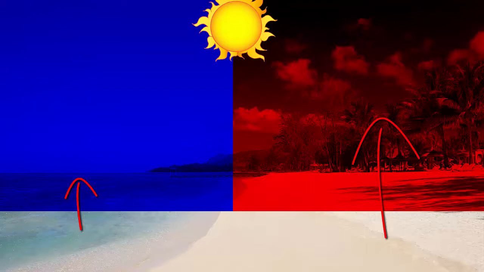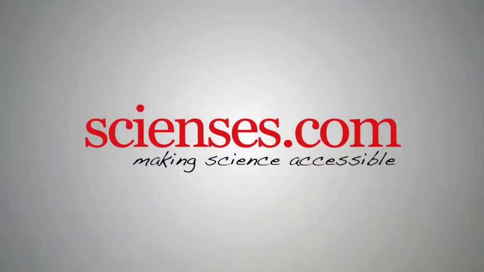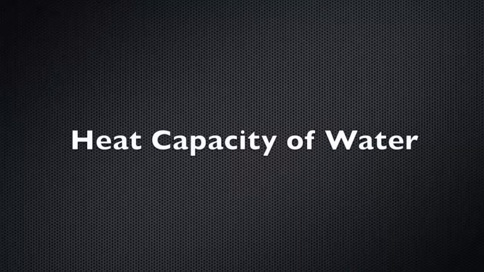Now, why do they do that? Well, it all has to do with a property called specific heat. And because of that, water is able to absorb a lot of heat before it starts to warm up. And here's a little experiment to show you water's ability to absorb heat.